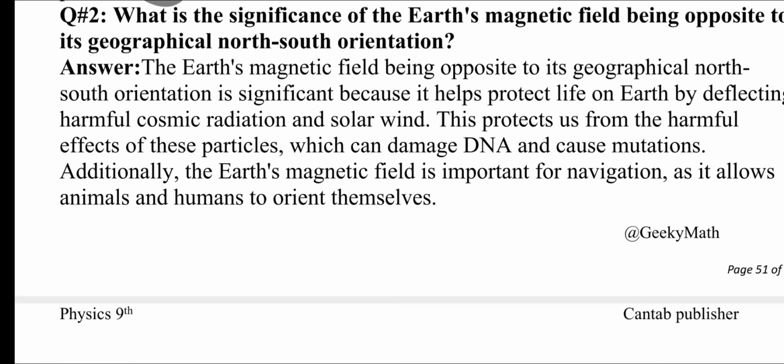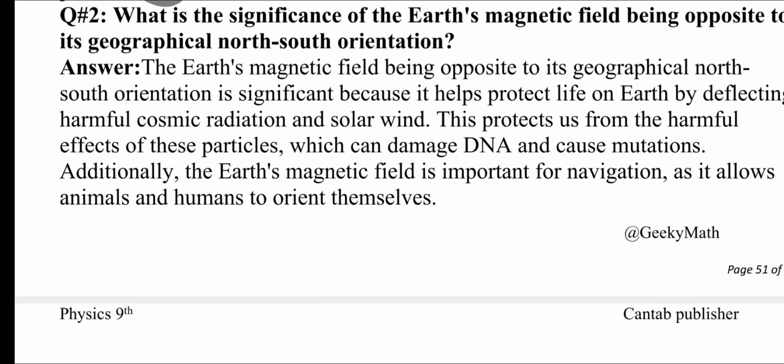Question number 2. What is the significance of the Earth's magnetic field being opposite to its geographic north-south orientation? So the answer is, the Earth's magnetic field being opposite to its geographic north-south orientation is significant because it helps protect life on Earth by deflecting harmful cosmic radiation and solar wind.